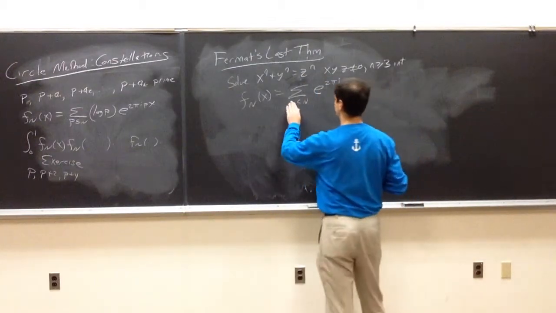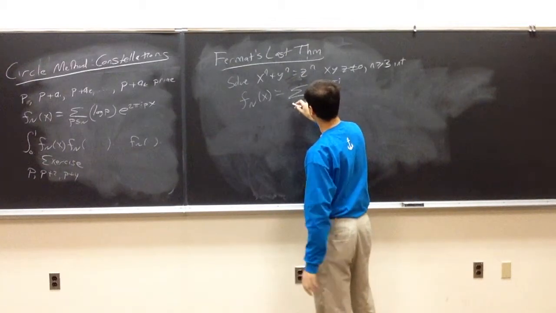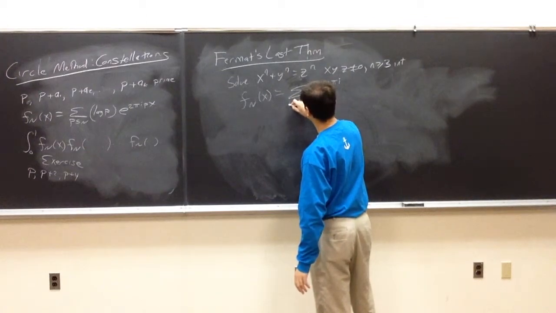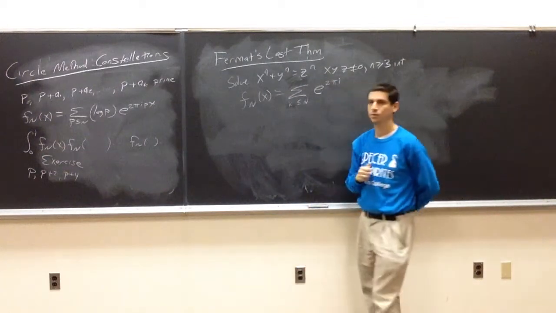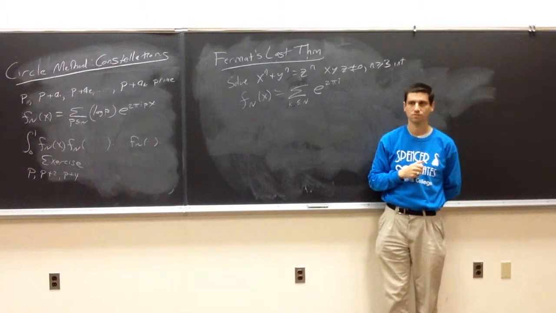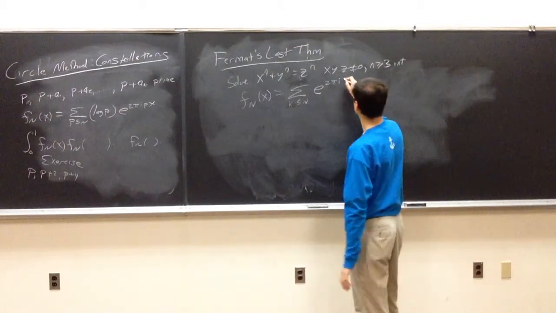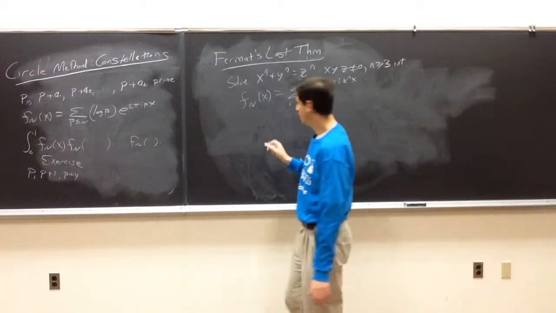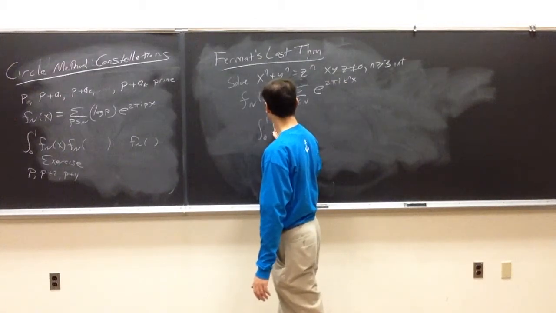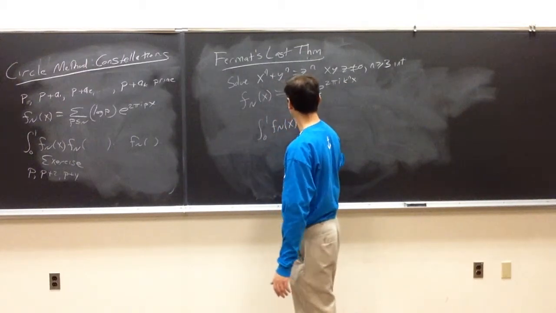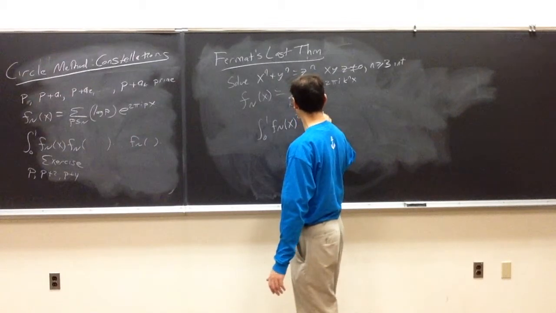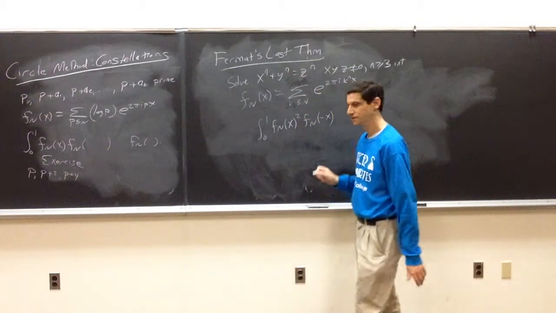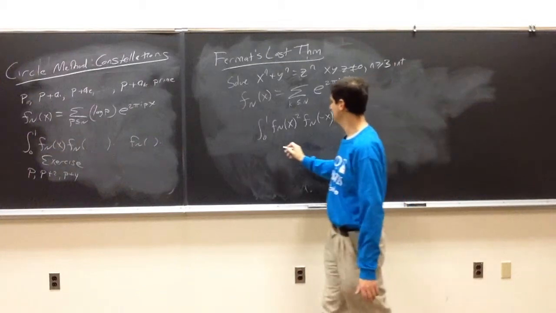Actually, n is a bad notation here. Let's do k. What should we sum? e to the 2 pi i k to the n times x. And now if we look at the integral from 0 to 1 of f_n(x) squared f_n(-x) dx, what does this equal?